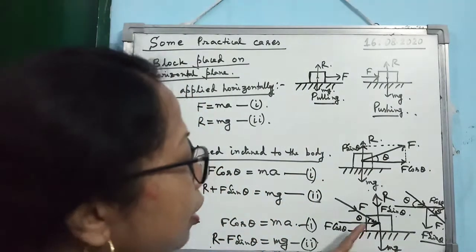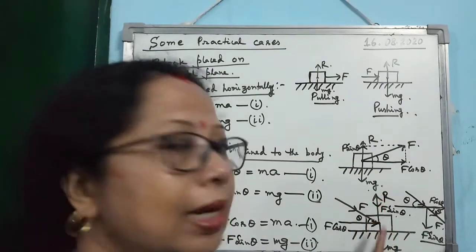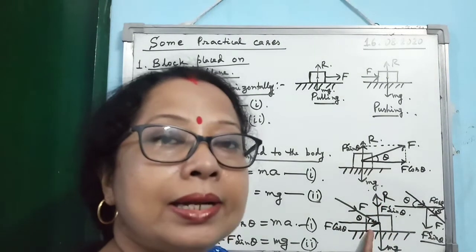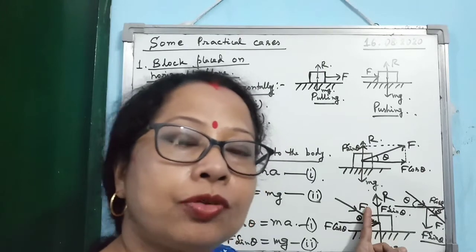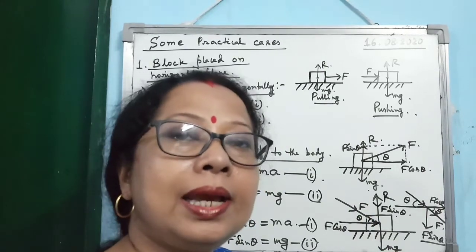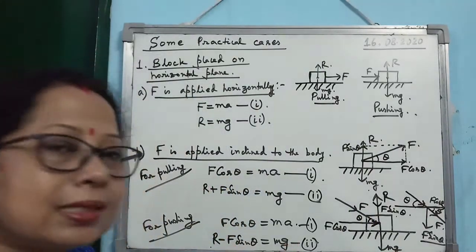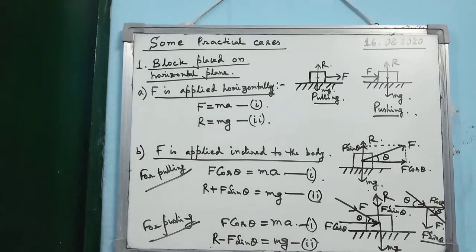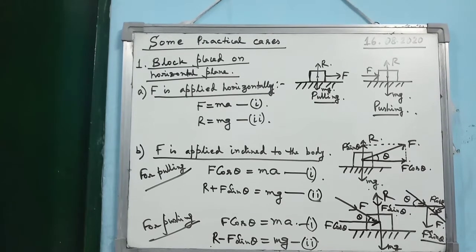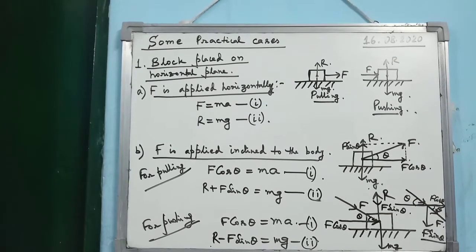For the other, consider the forces acting vertically: total vertically upward force should be equal to total vertically downward force. You just balance them and you will get the second equation. So this is the way one can get two equations, and then depending on the information given, you can solve it out.